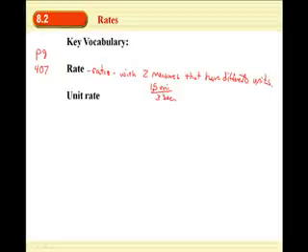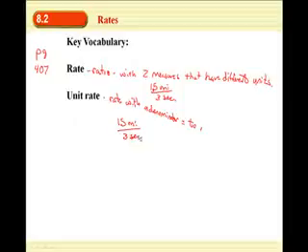Okay, a unit rate is a rate with a denominator equal to 1. So let's take a look at the one I have up here.